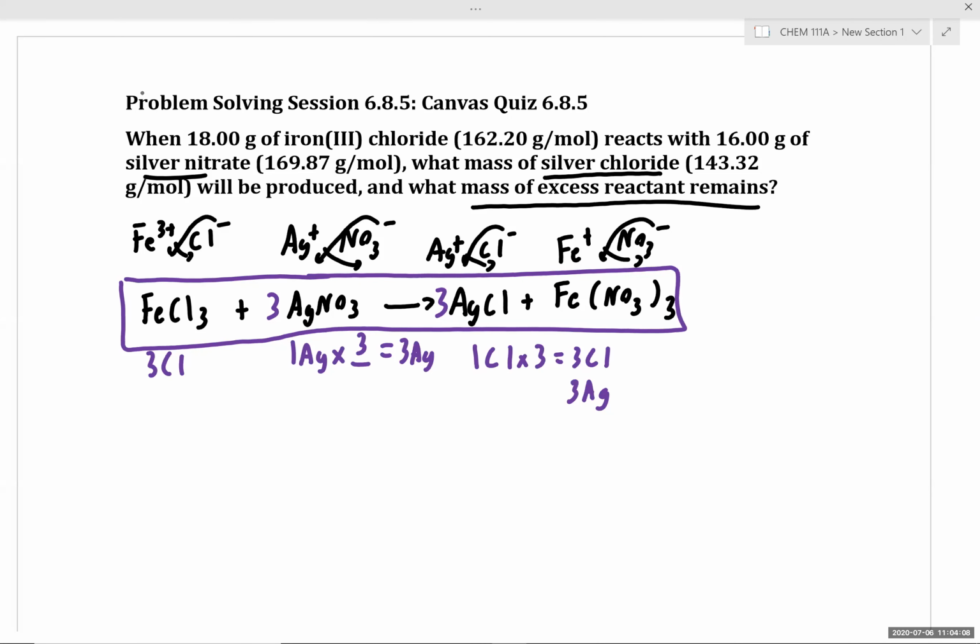I'm really glad to see that everyone's getting used to these stoichiometry and limiting reactant problems, as these really are the backbone of general chemistry problem solving. And we'll discuss this example momentarily.